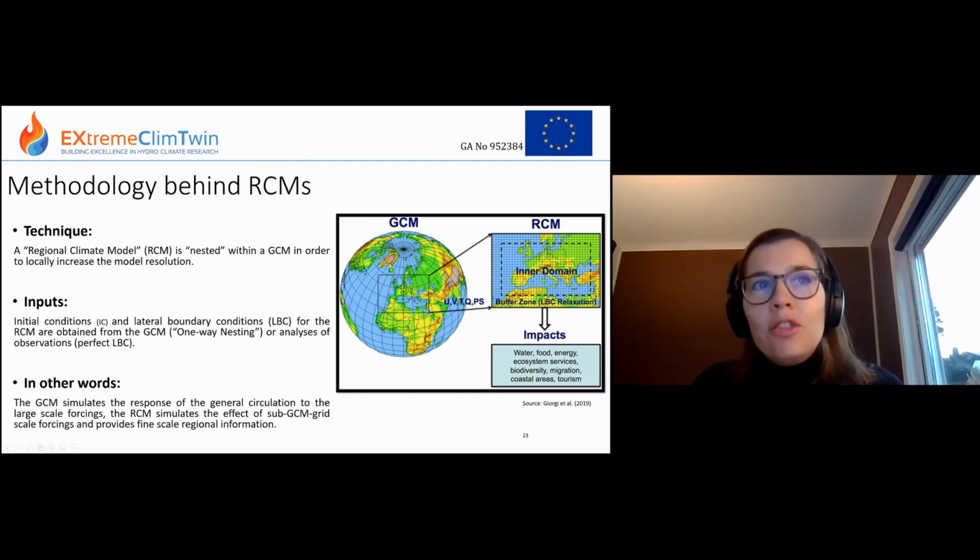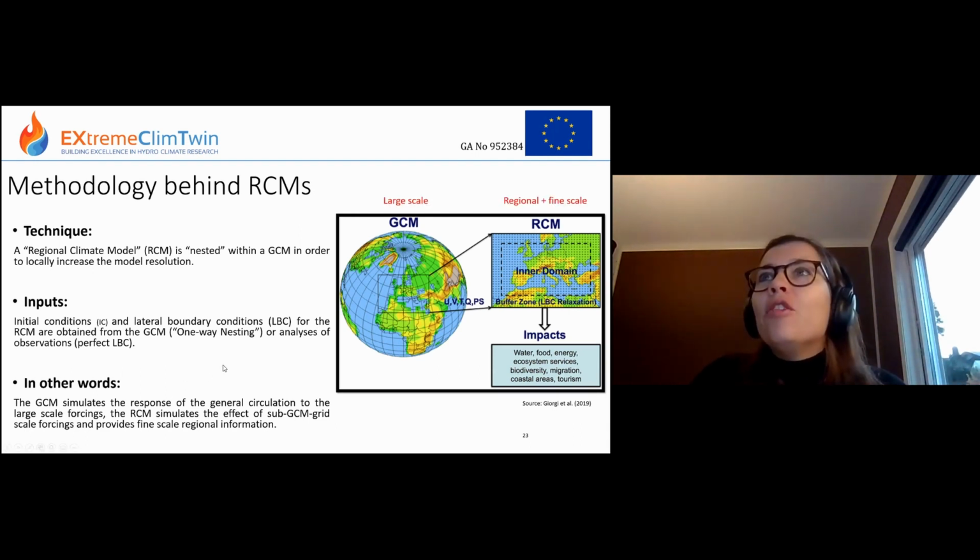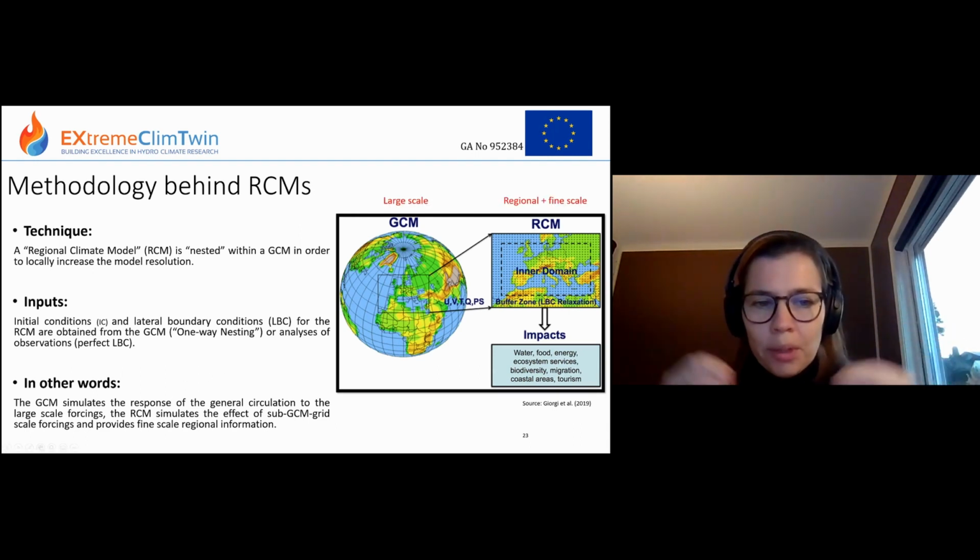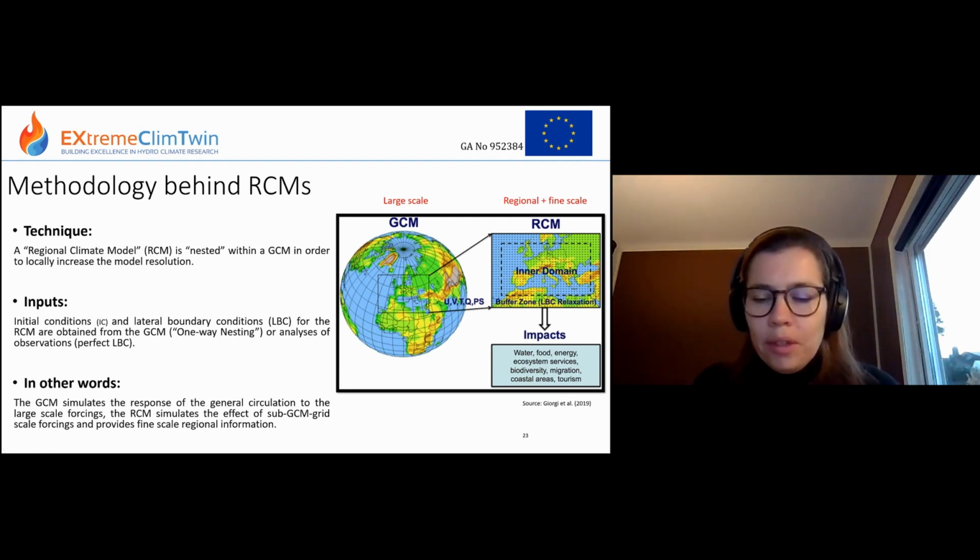We call them initial conditions and lateral boundary conditions. You can also use other types of data, but we can talk about it later if you want. Another way to put it is that the global climate model simulates the large scale, and the regional climate model is trying to refine the information to get better regional information.